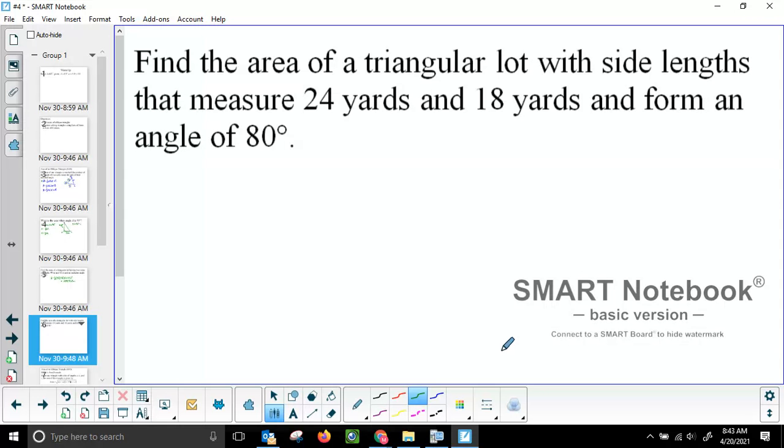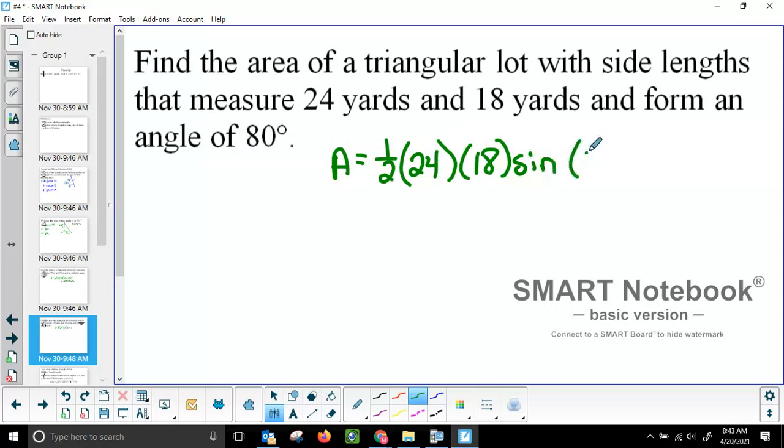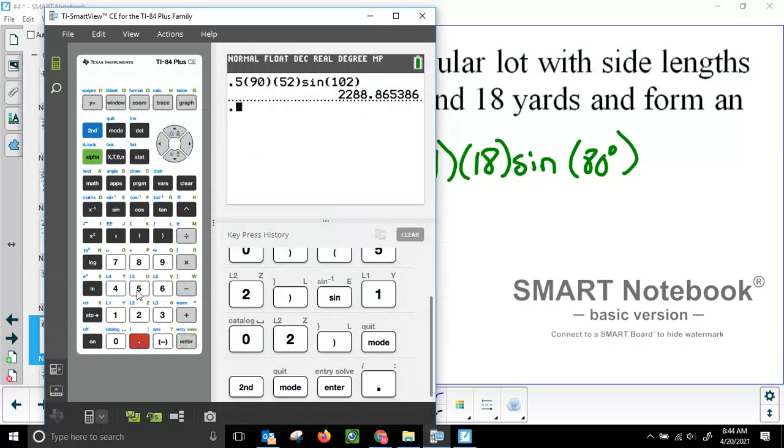All right, so like I said, this one should go pretty quickly. So we know that the area is simply 1/2 times both of the sides times the sine of the included angle. So again, we pull out our handy-dandy calculator.